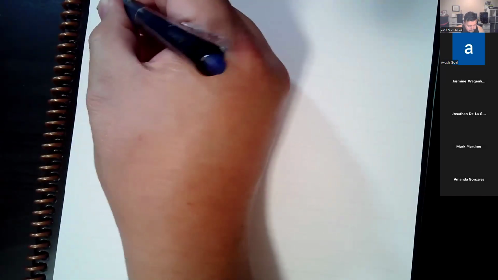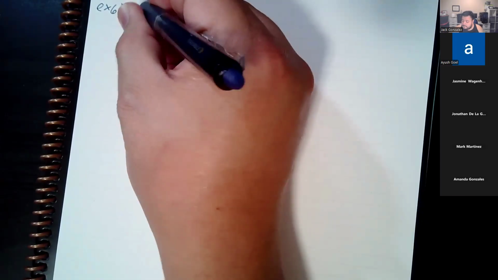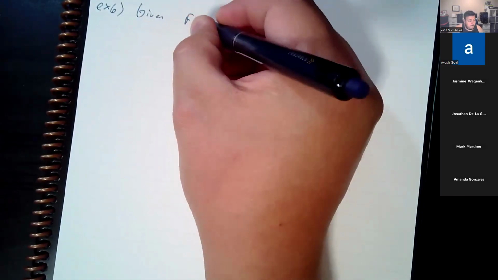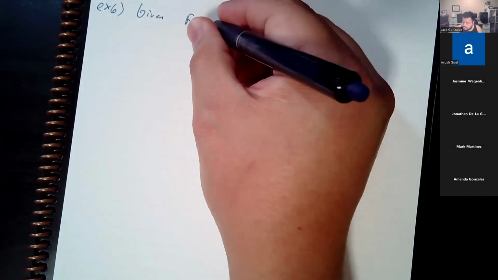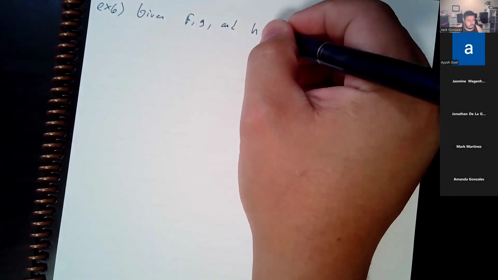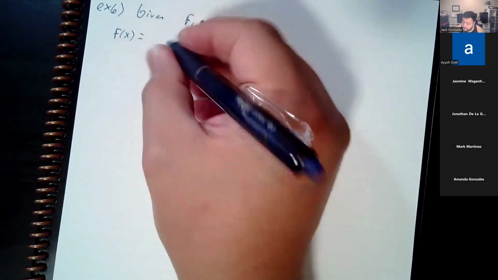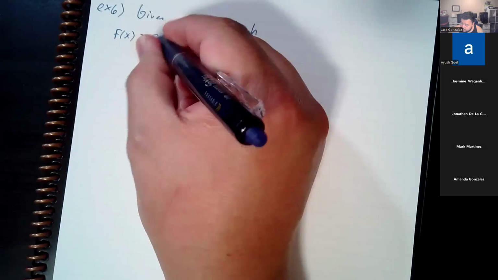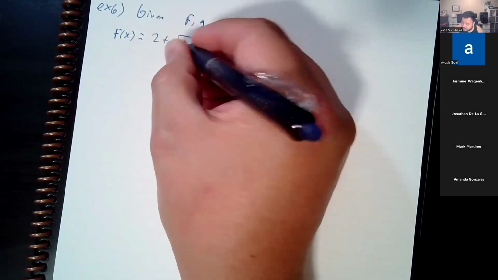Moving on. Number six. Given f, g, and h, it's the same thing, just different functions.